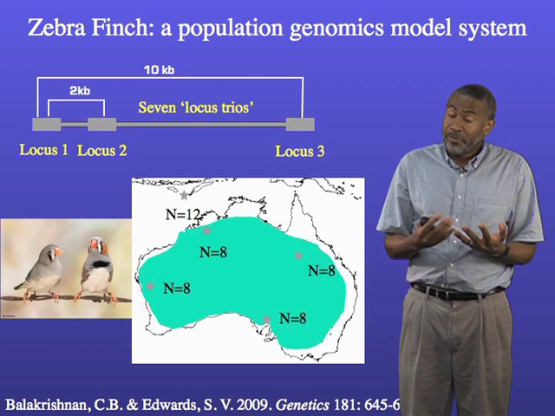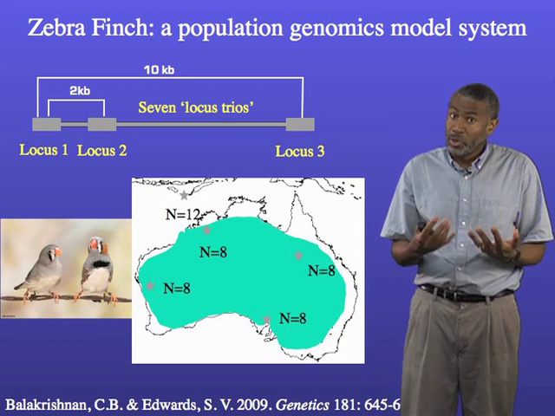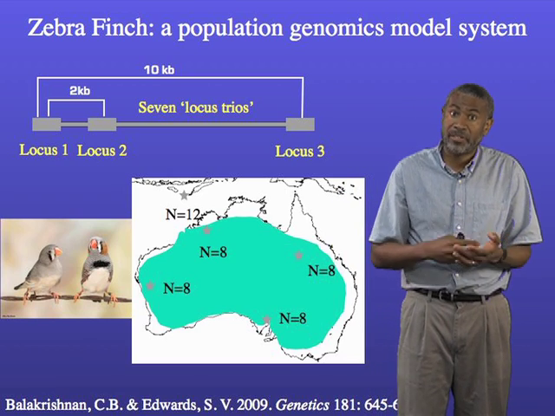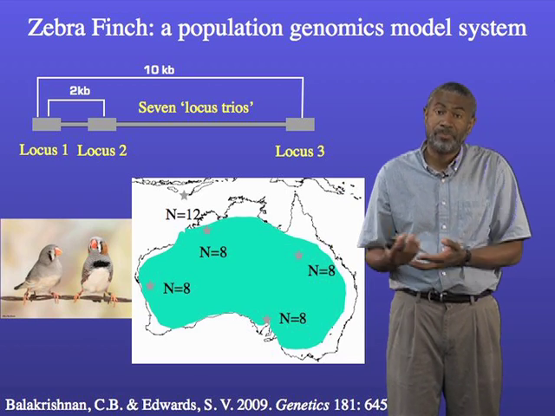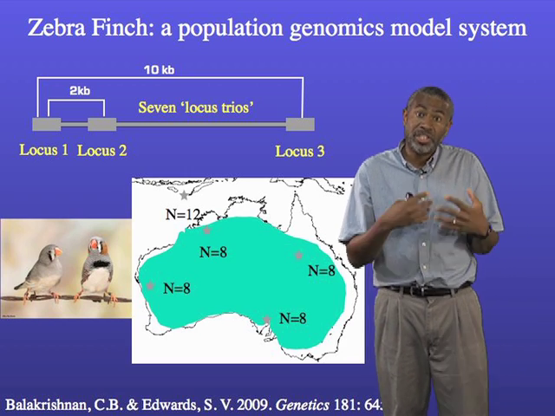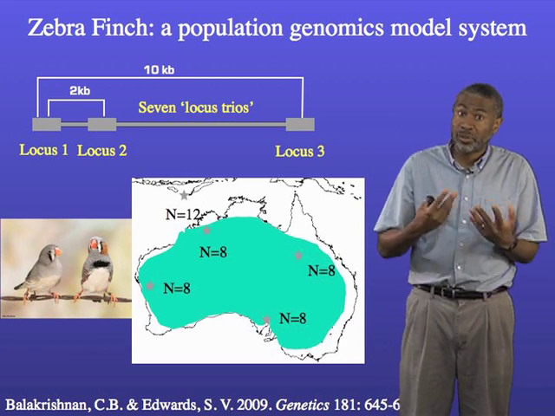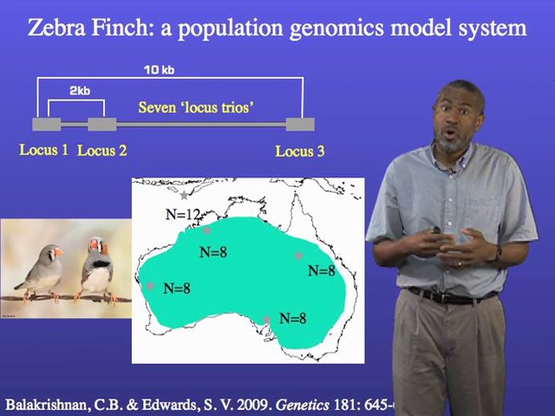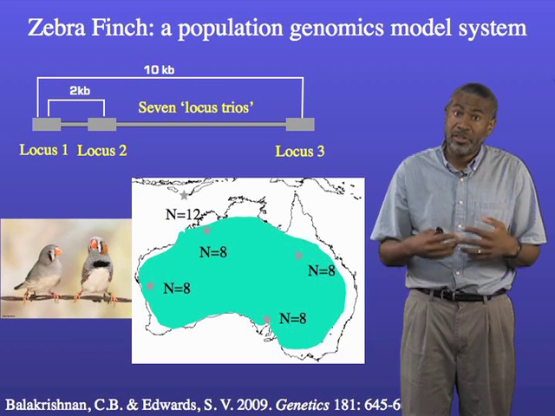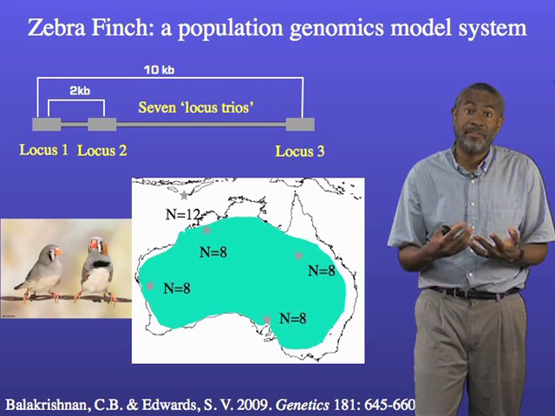For that reason, zebra finches are actually good models for human speech. We can do experiments on zebra finches, of course, that we can't do on humans. And yet zebra finches learn their vocalizations just like human infants learn how to speak.